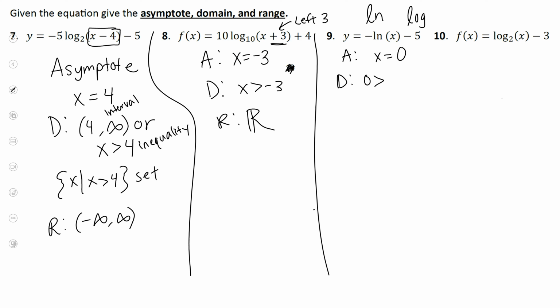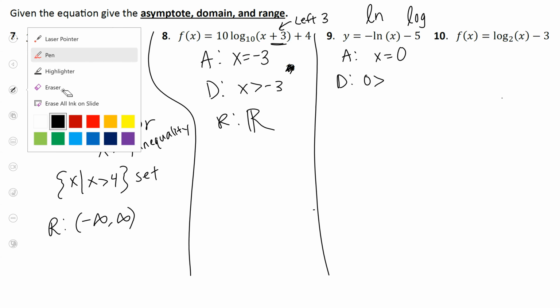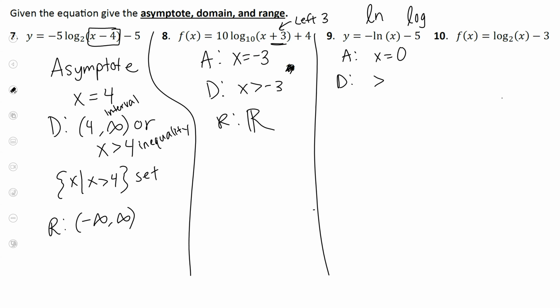Uh-oh, I wrote this wrong. x is greater than 0. And then your range. All real numbers. Negative infinity to infinity. Okay, this one. Did we move left or right? Okay, it's going to be exactly like number 9.